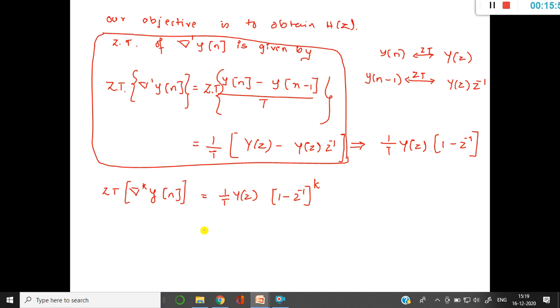So this is how we usually represent this, right? And even T is to be under this kth power, because for all the k values, T will be varying, right? So this is how we represent for the kth order.